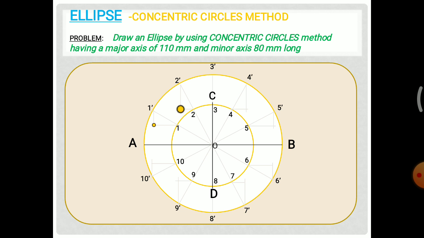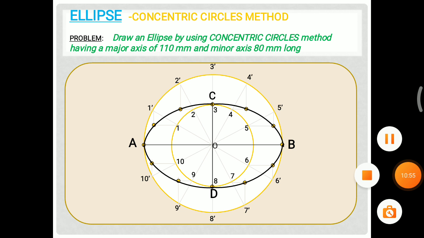So mark those intersection points, and draw a freehand curve from A to C and then C to B and B to D and D to A through those intersection points. So this is the required ellipse from the concentric circles method.